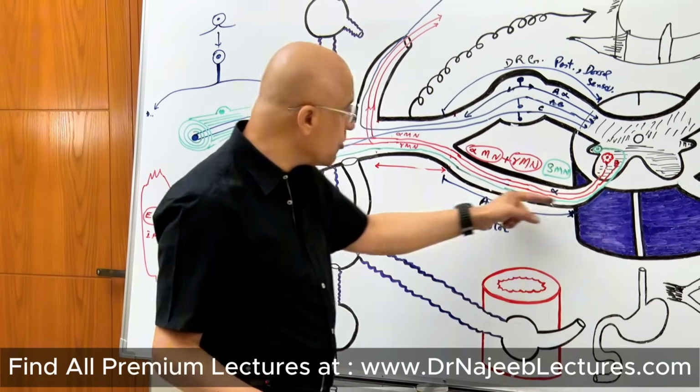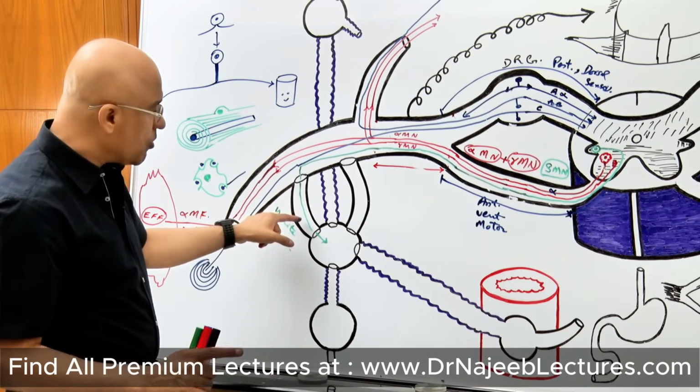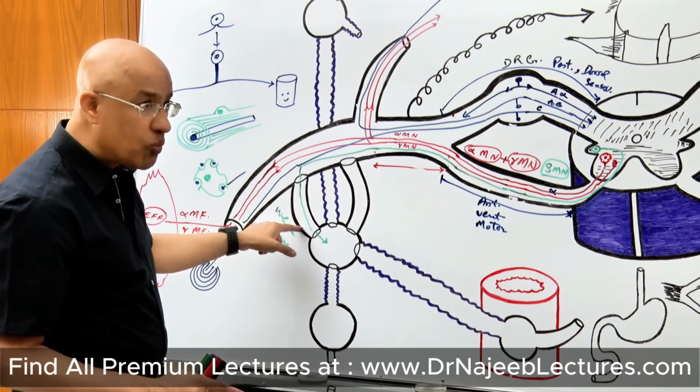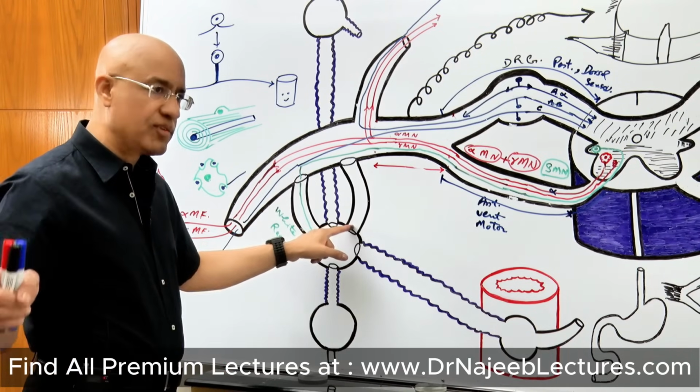In detail, visceromotor fibers, where they go, what are white rami, what are gray rami, we will discuss next time.